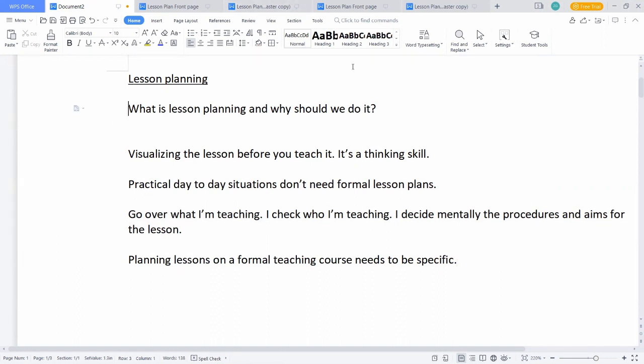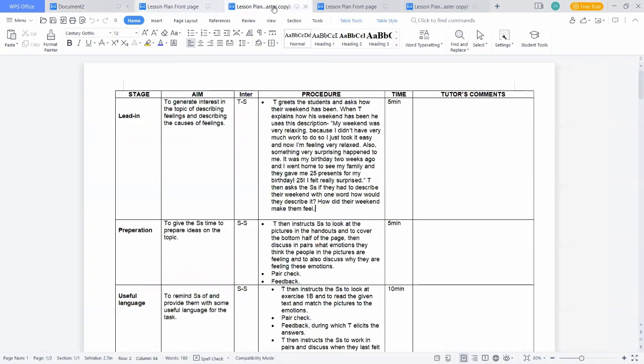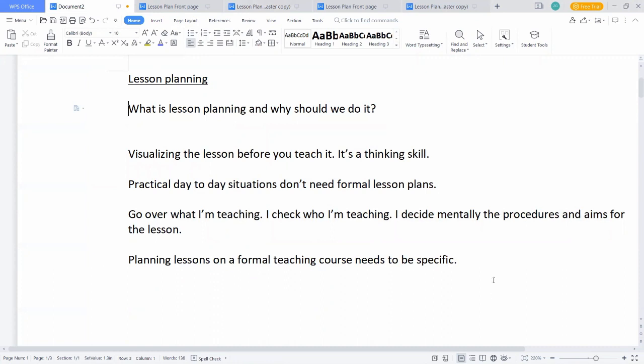Okay, so the main aim of the lesson planning I'm teaching you is to develop your skills for the future so that you are able to develop very efficient, well thought out lessons without having to write them all down.